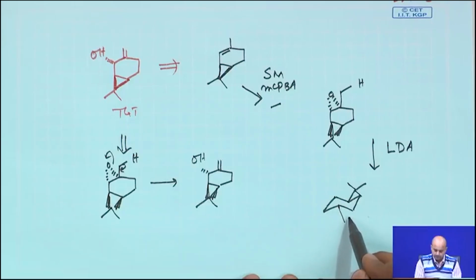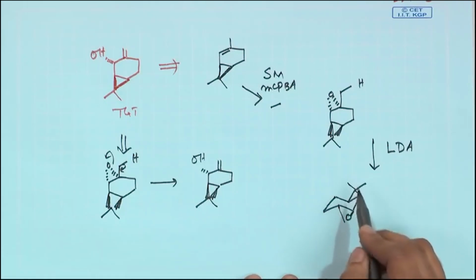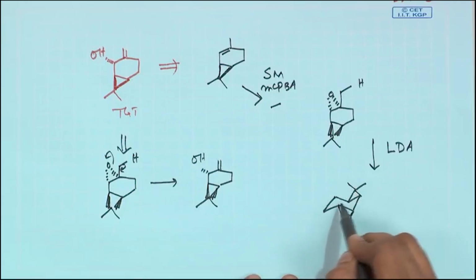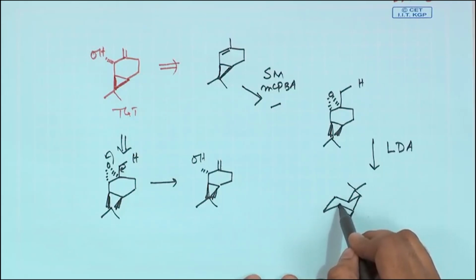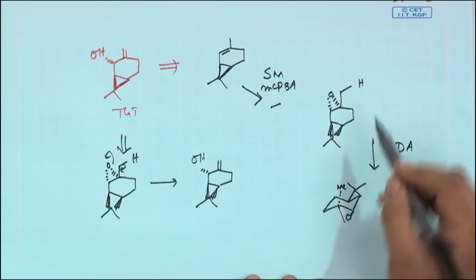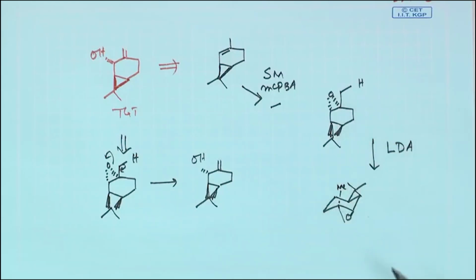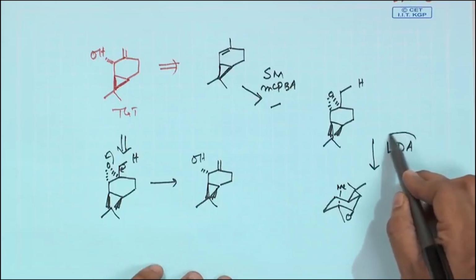in something like this. This particular epoxide has this methyl. As the epoxide is below, the methyl has to be up. And we said that LDA might abstract a hydrogen.